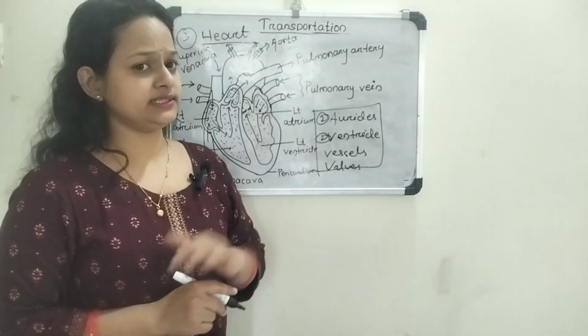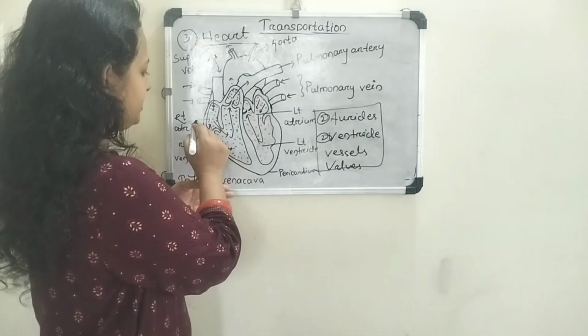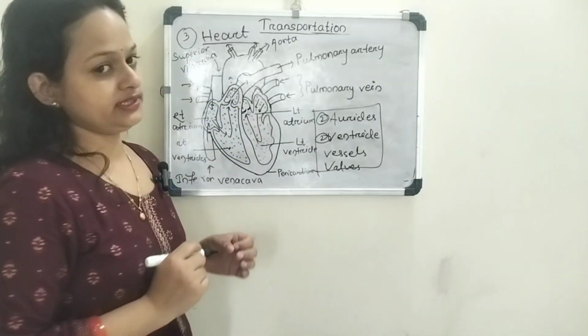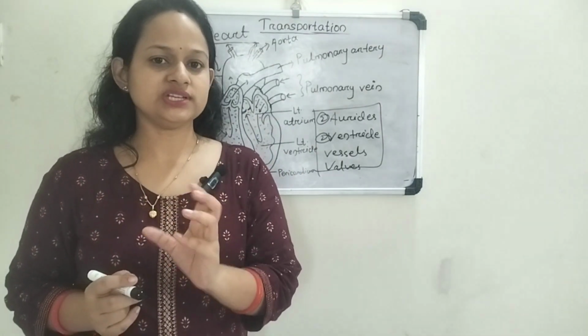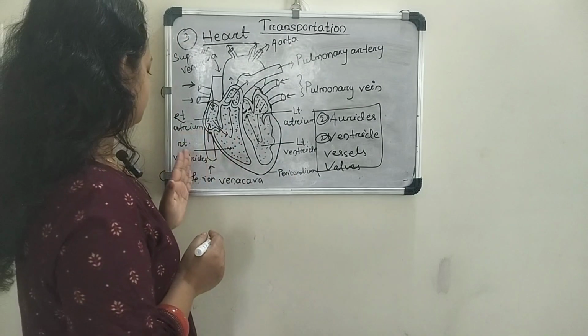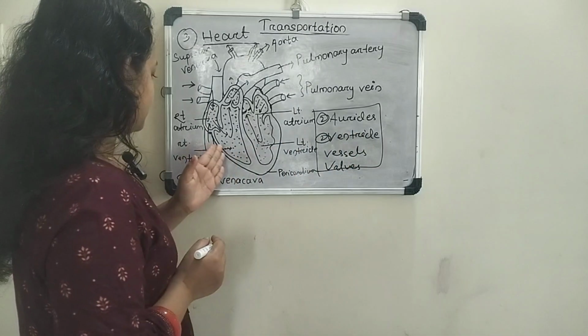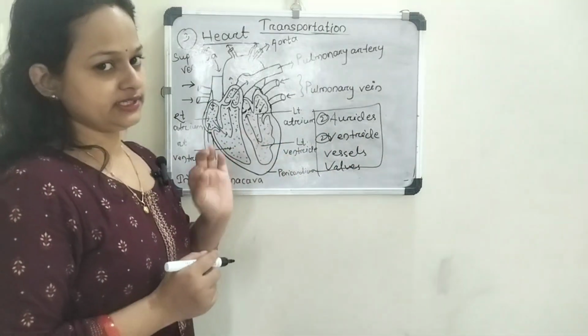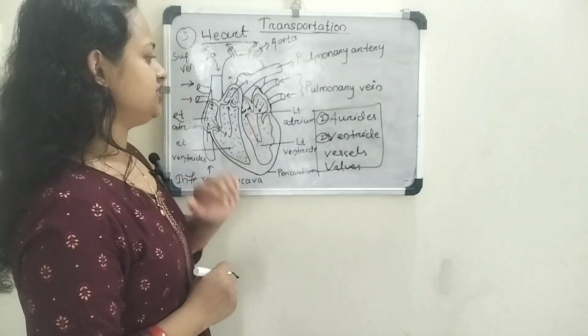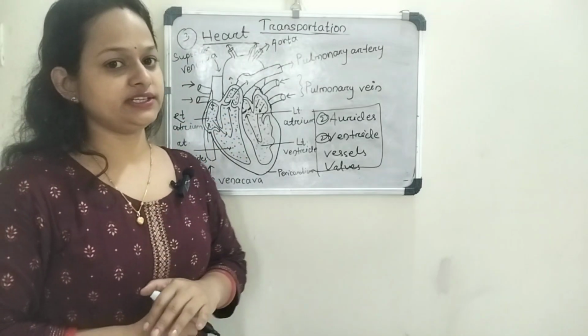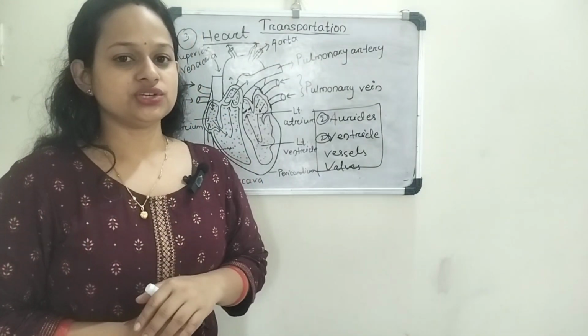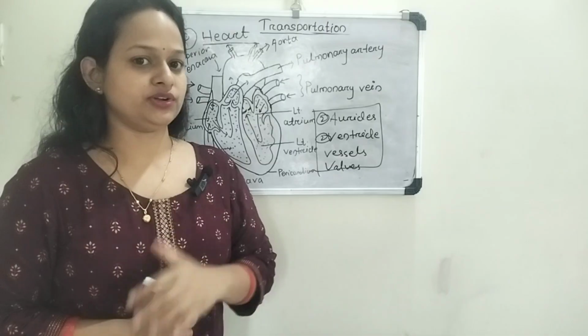The two auricles are the right auricle and left auricle, and the auricle is also known as the atrium. Then there are two ventricles, the right ventricle and left ventricle, and a septum present between the auricle and the ventricle, known as the auriculoventricular septum.